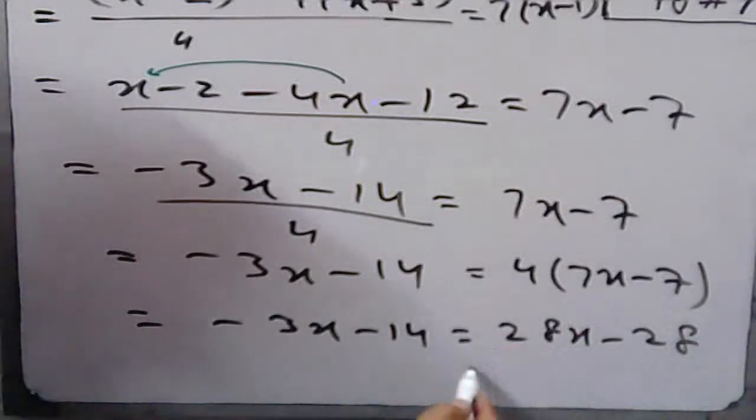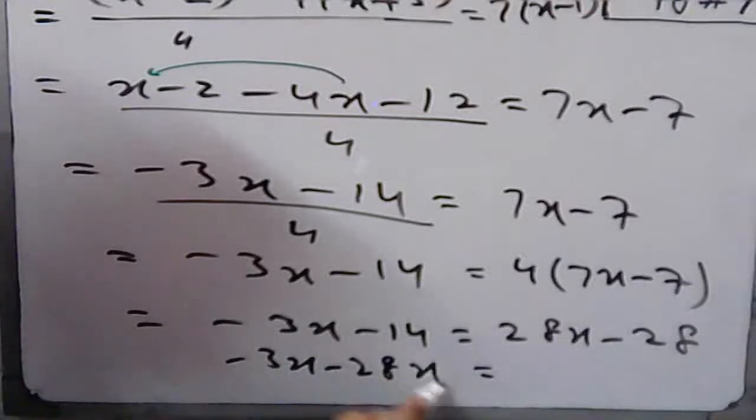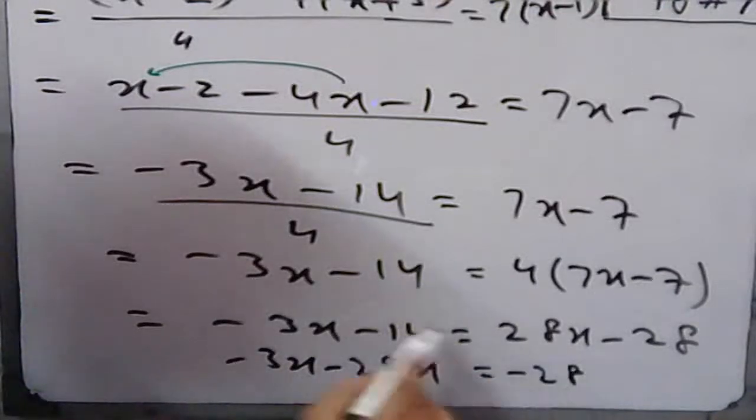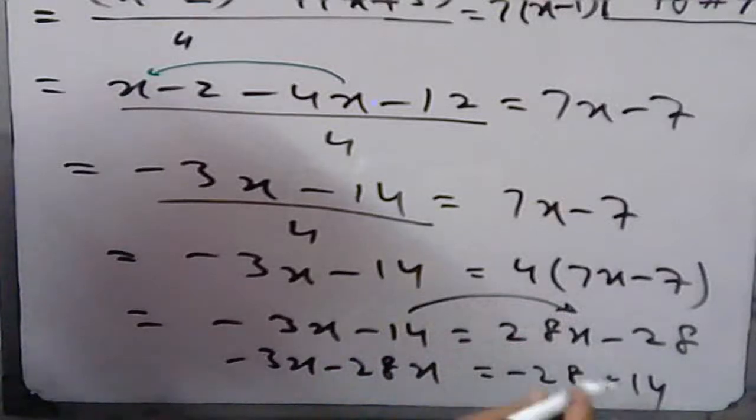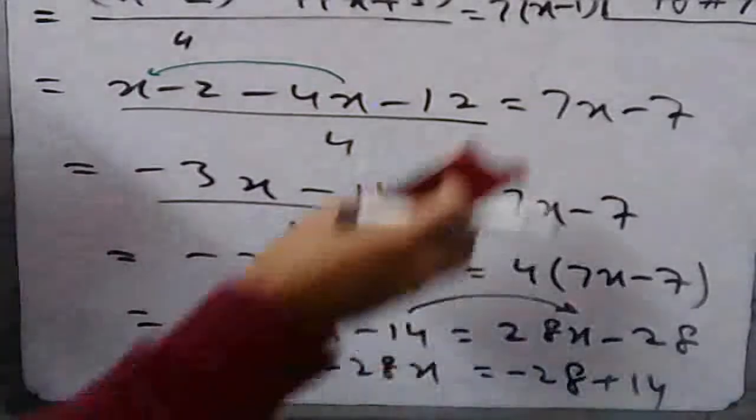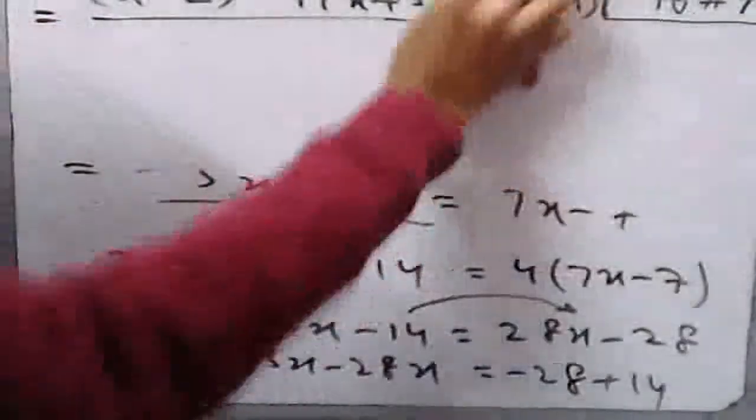Now the constant term should be shifted to one side, that is minus 3x minus 28x, and minus 28, and this term will be shifted there, so it becomes plus 14. So you can simplify it.